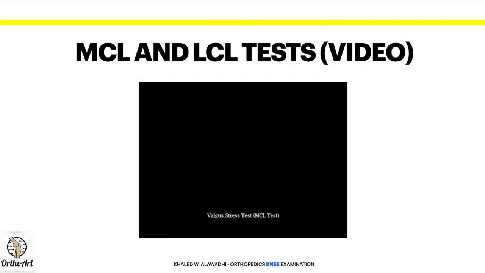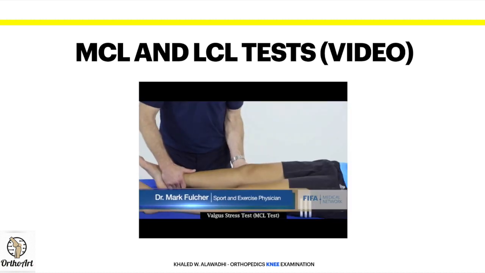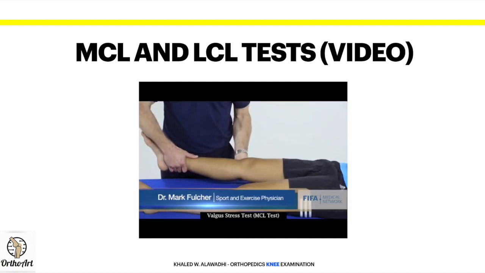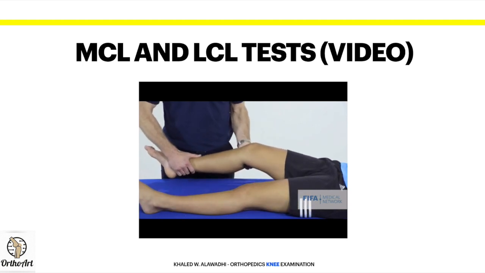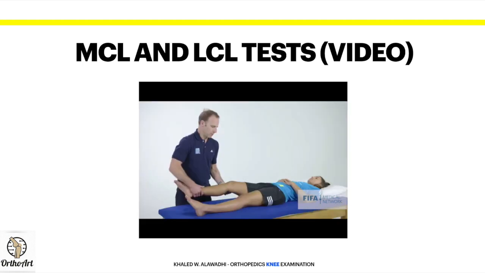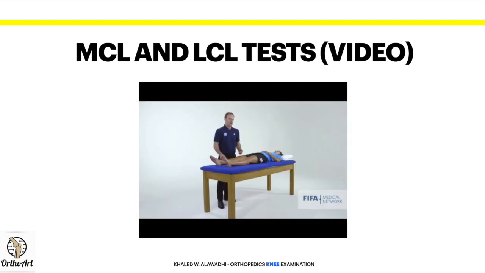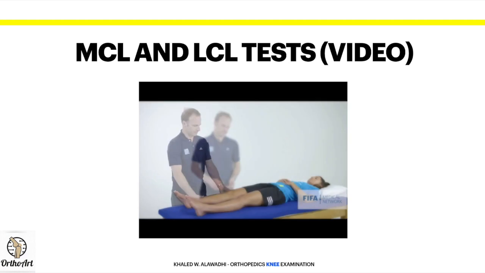And this is a video. So with the medial ligament, we apply a valgus stress. First with the knee in extension, is there any laxity or pain? Then we take the knee into 30 degrees of flexion with a valgus force, any pain or problems with that? And so that's rock solid. If there's laxity in extension, we're thinking a much more significant injury than if there's laxity with 30 degrees knee flexion.